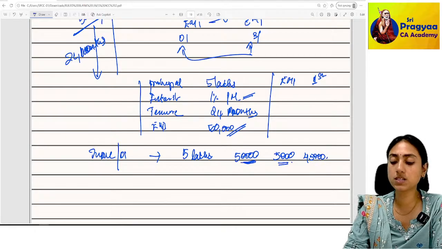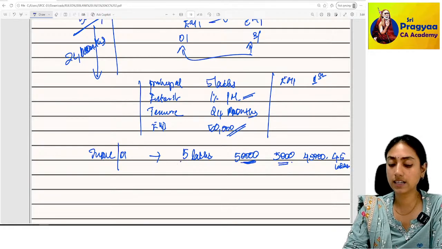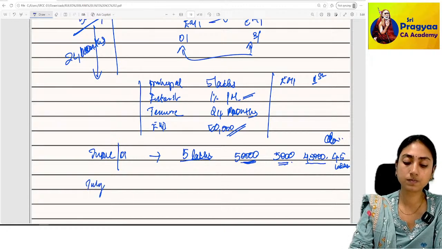So what is my closing principal for that month? 4,50,000. So I started with 5 lakhs, I repaid 45,000 of the principal, and 5,000 is my interest charge. So my closing principal will be 4,50,000. Now when we come to July, what happens?